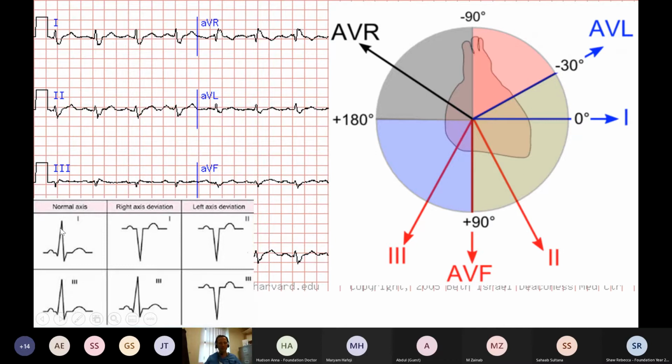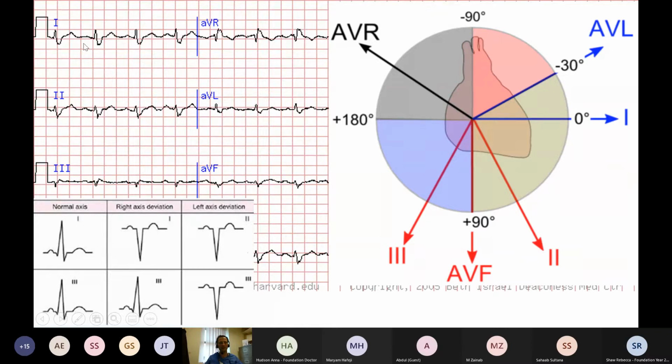So if it's predominantly up in leads 1 and 3, then that is definitely a normal axis. You can relax. And more usefully than that, if it's not right or left axis deviation, you can just call it a normal axis. Right axis deviation, if it's negative in 1, that is right axis deviation unless it's also negative in all of them.